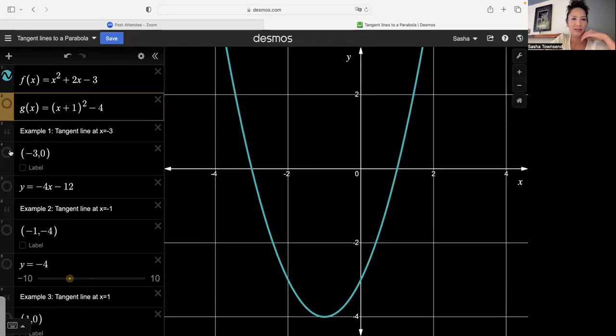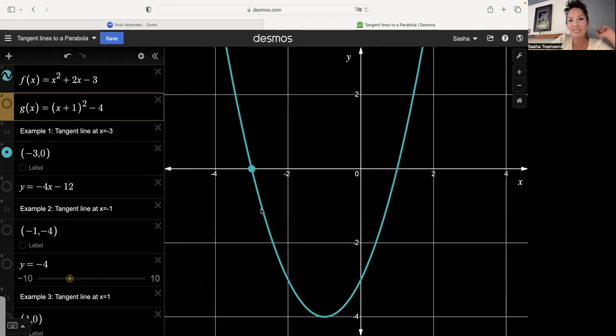First we said, I'm interested in the tangent line at x equals -3. So we found the corresponding y value. We computed the derivative using the limit definition, which we did all on paper. And then after we found the derivative and we had this point, we used point slope form of the equation of the line to find the equation of the tangent line.